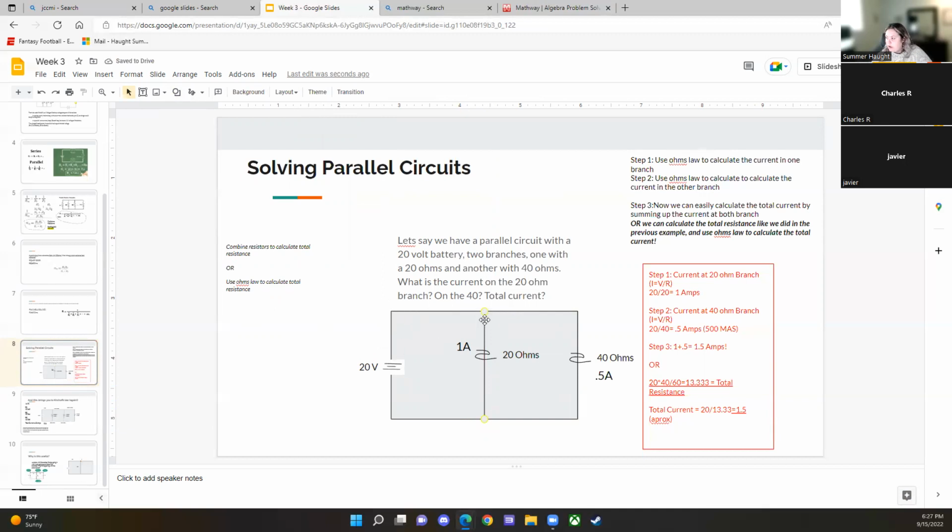But we do know the current in this area. We know the current from this yellow circle to this yellow circle is 1, because that's the branch the 20 ohms is on. We also know the current from this yellow circle to this yellow circle is 0.5 because that's the branch the 40 ohm resistor is on.